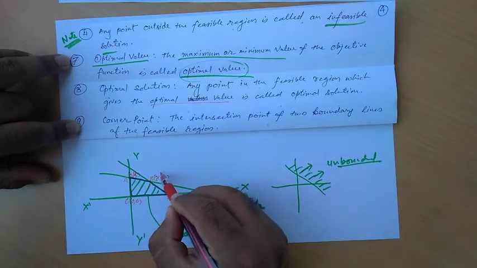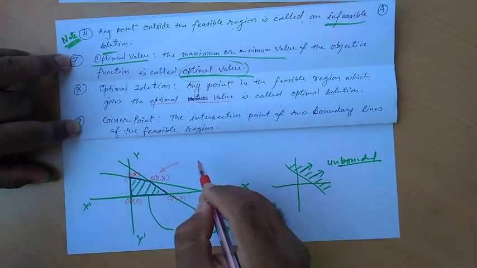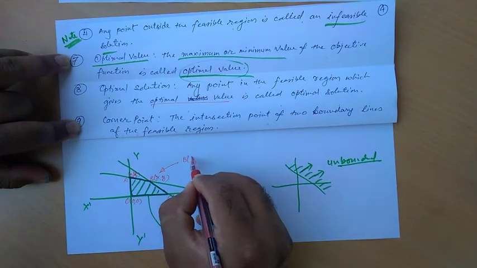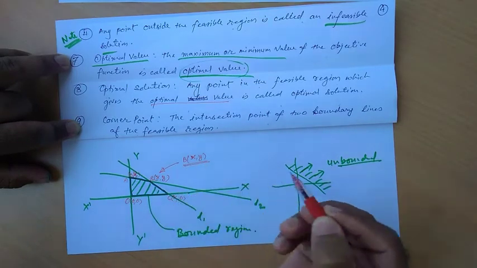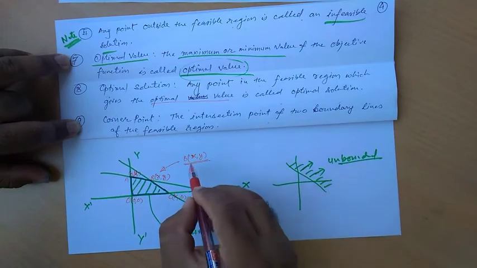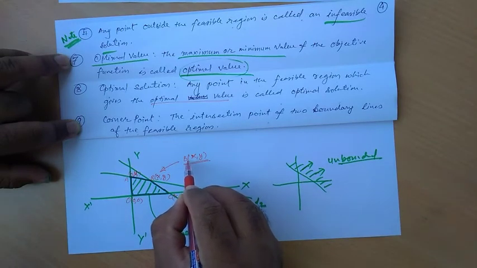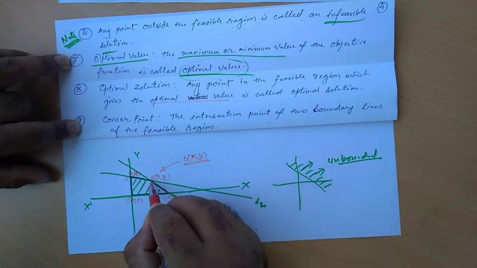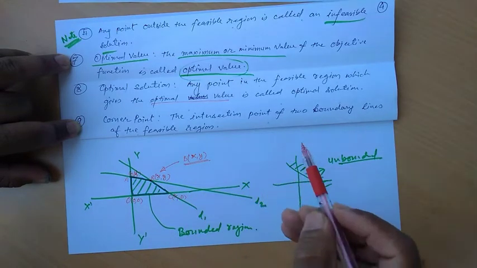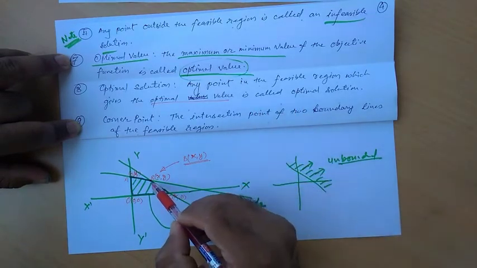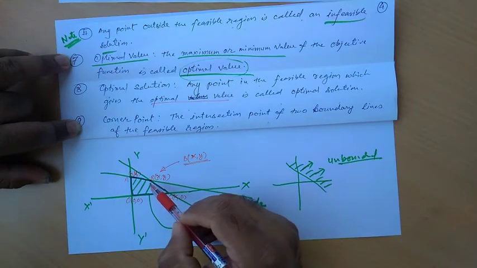Say for example, our answer is this one, B. (x, y), we are getting the maximum. For example, we will consider that we are getting the maximum value on this particular point, that is B. So this point is known as optimal solution.